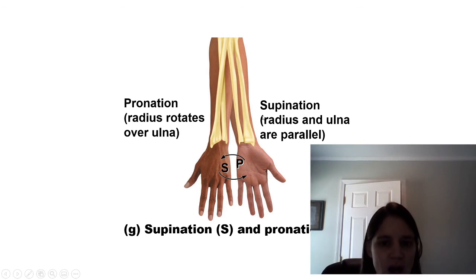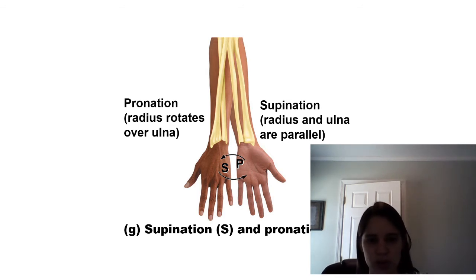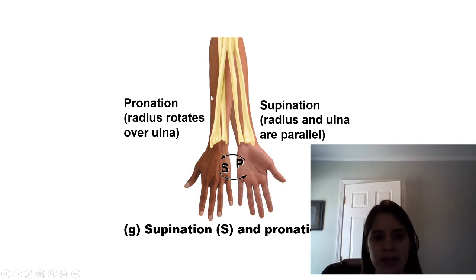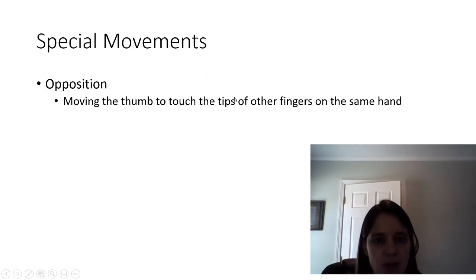When you rotate your forearms, you're moving lots of things relative to each other. You're moving your radius and your ulna, right? So when you pronate, the radius crosses over the ulna. Do you see that cross there? Whereas if you go back to supination, the radius and ulna run parallel to each other, which is interesting.